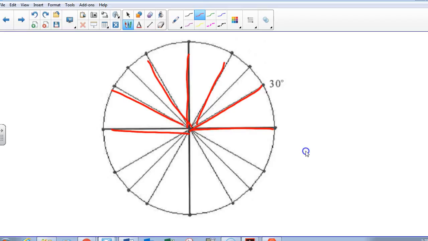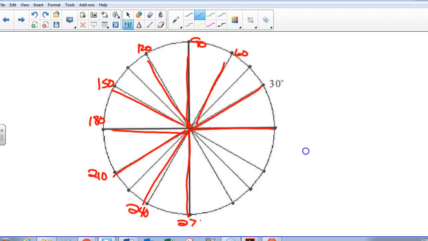So we can just go 30, 60, 90, 120. What's 30 more than that? 150, 180, 210, 240, 270, 300, 330, and 360. We good?